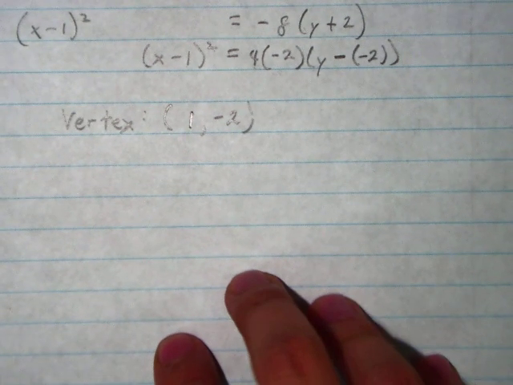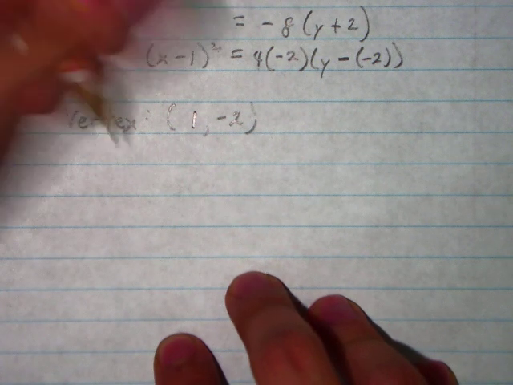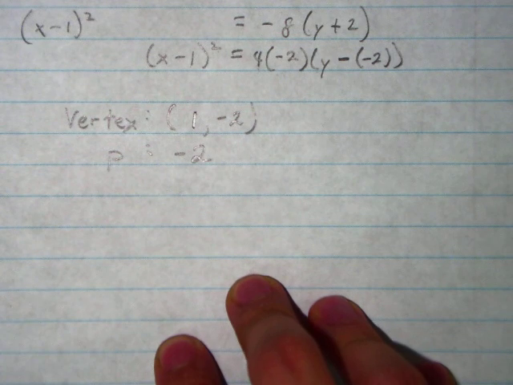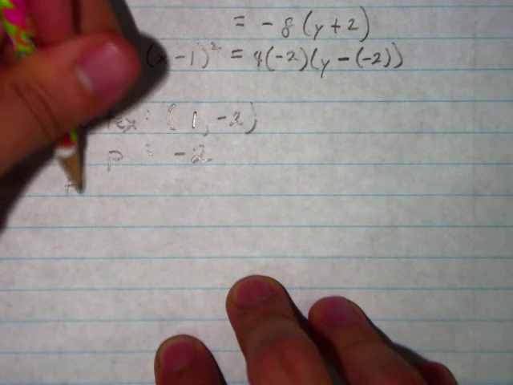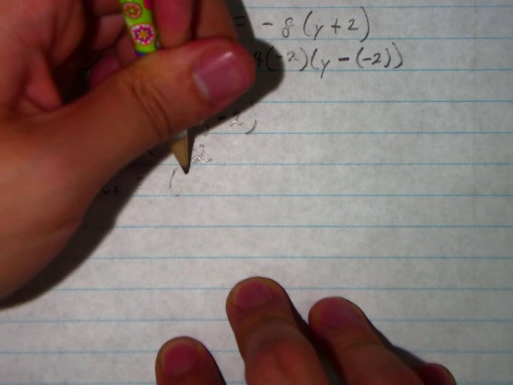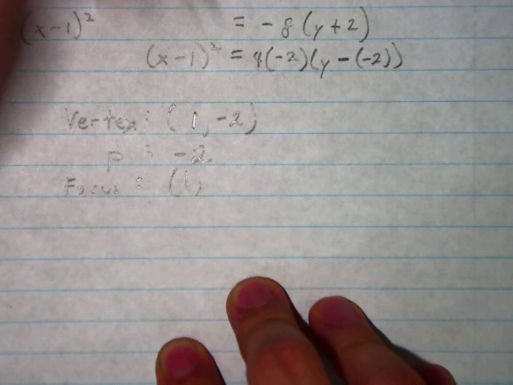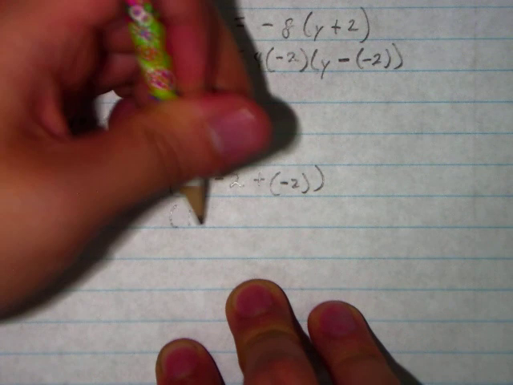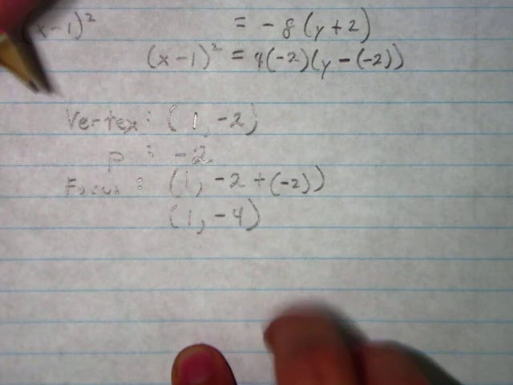And here our p is negative 2. So I know my focus will be at 1 and negative 2 plus negative 2. So my focus will be at 1, negative 4.